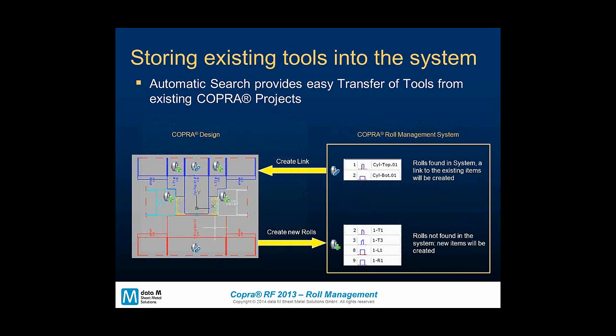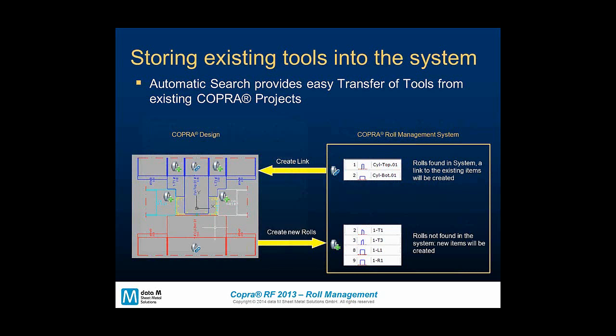So the automatic search provides easy transfer of tools from existing COPRA projects. So, for example, we have a COPRA design, and then we can have a link, an interaction with a roll management system where we search for a roll. And if a roll is found in the system, a link is created, and this will then obviously be across all projects.